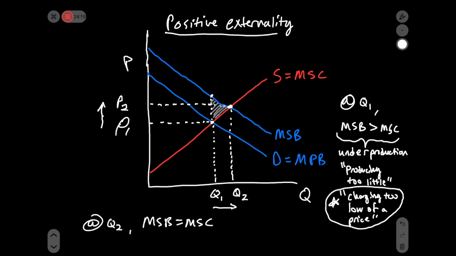However, we don't want to impose a tax in this situation. That's going to make the problem worse. Instead, in many cases, governments will apply a subsidy or perhaps a tax break to folks in the market.